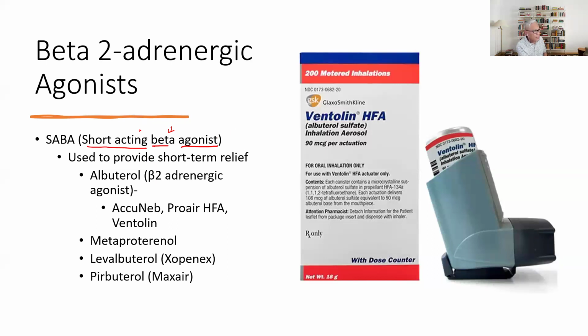So again, an example of some of these drugs will be albuterol, and the trade names Acuneb, ProAir HFA, and Ventolin are the ones that are very common. And it could also include levalbuterol or Xopenex, and pirbuterol or Maxair. So these are the common SABAs or short-acting beta agonists.